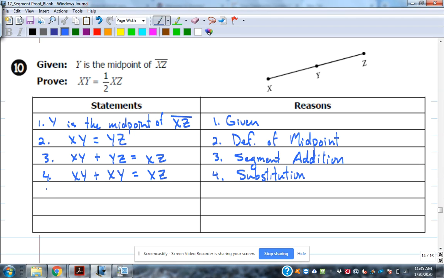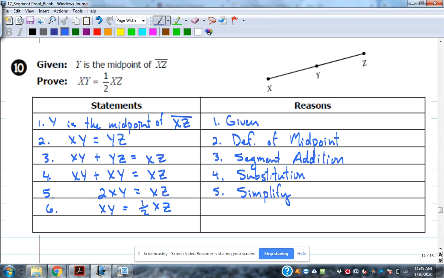And then on statement 5, XY plus XY would be 2XY. So what's our reason on statement 5 though? Simplify, yeah. So the math that happens is division by 2, but we know that we can rewrite that as 1/2 XZ, right?